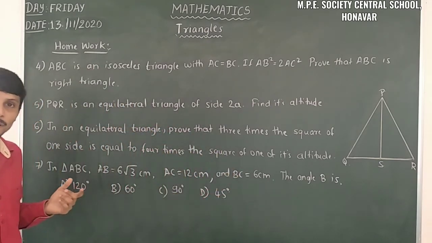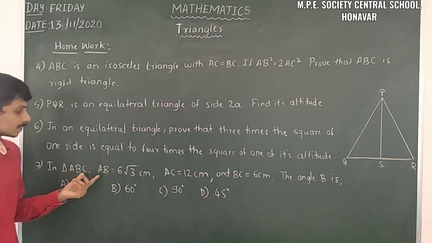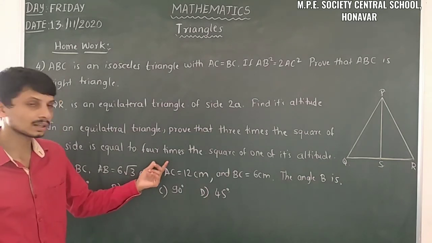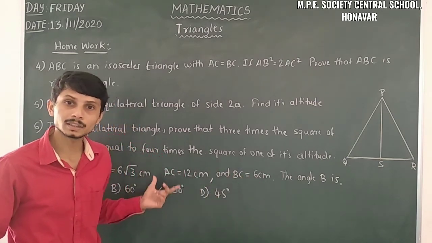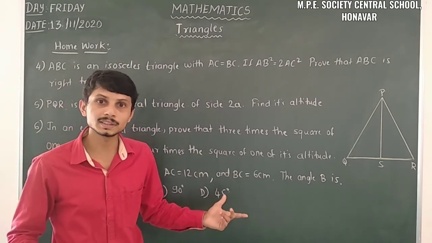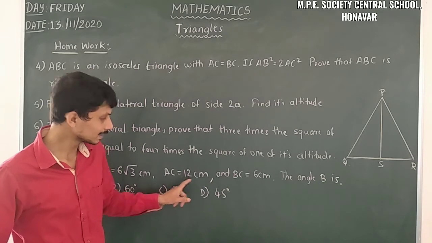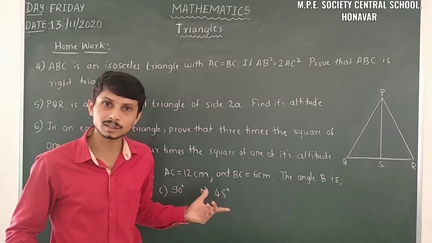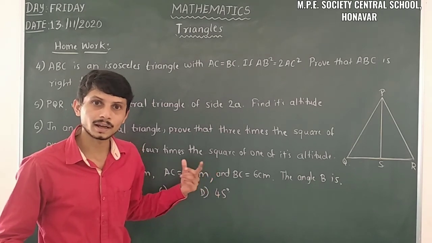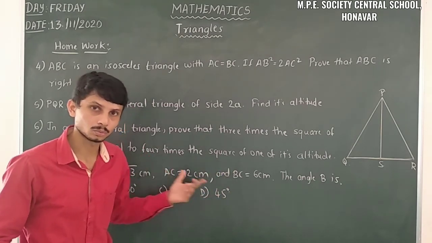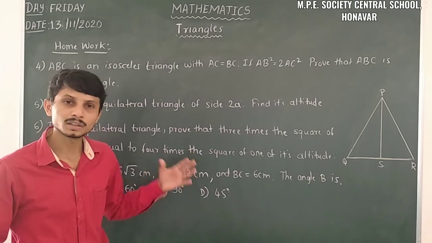And also the final problem is in triangle ABC, AB is equal to 6 root 3 cm, AC is equal to 12 cm, BC is equal to 6 cm. That means the measurements of the sides of triangle ABC are given. So here AC is equal to 12 cm, that means I think it's the hypotenuse. It's the higher measurement than the other two. So that's why we can take that one.